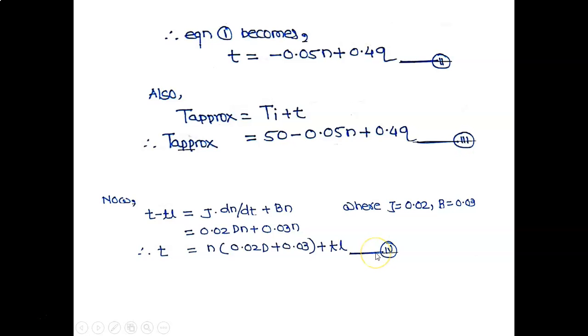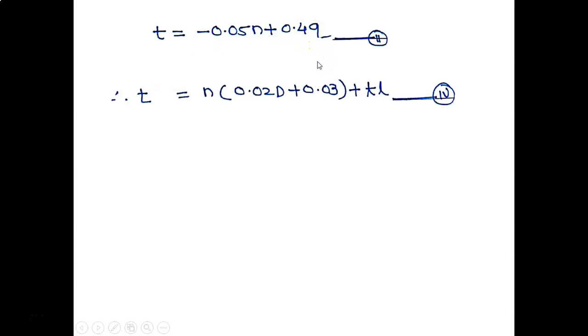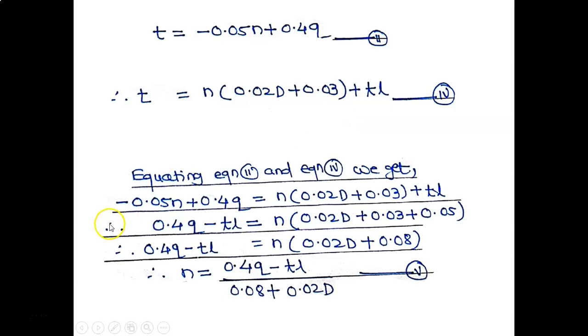Now we will compare equation 2 and equation 4. T is equal to minus 0.05 N plus 0.4 Q, equation 2. Again T is equal to N into bracket 0.02D plus 0.03 plus TL, equation 4. Therefore, comparing these two equations, minus 0.05N plus 0.4Q is equal to N into bracket 0.02D plus 0.03 plus TL.